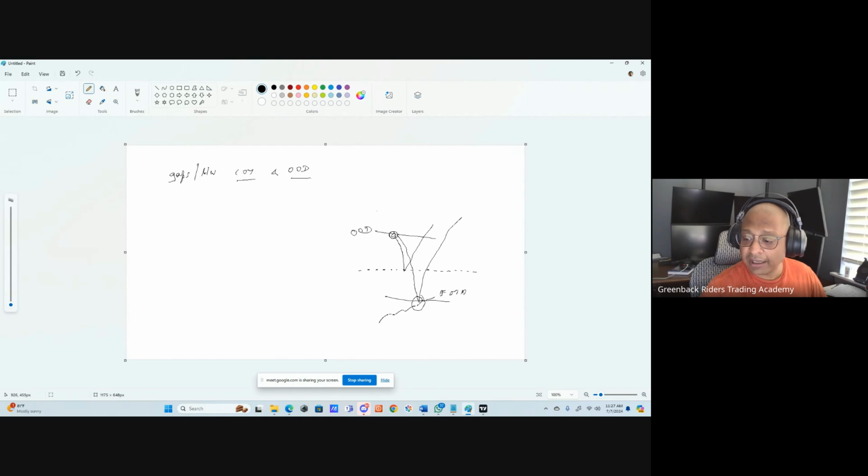Right now, it is highly possible that it will hold here. It will come down again to the open of the day and bounce from here, and it may keep the gap to the open. But then you need to look at this setup.